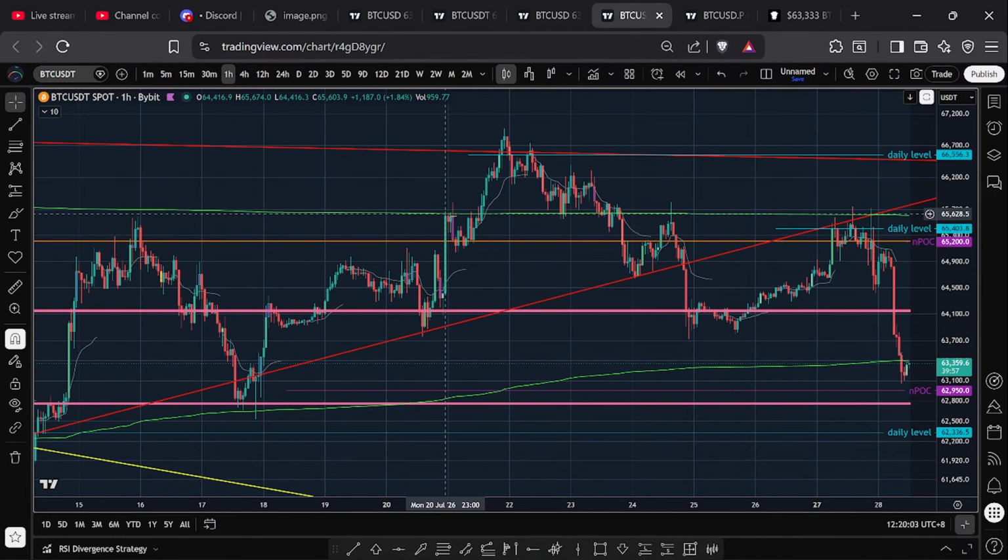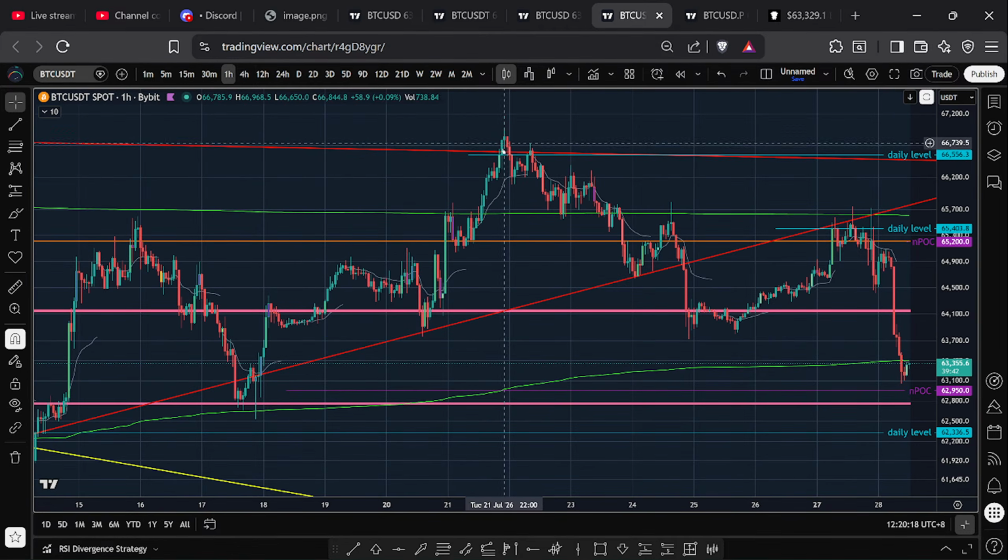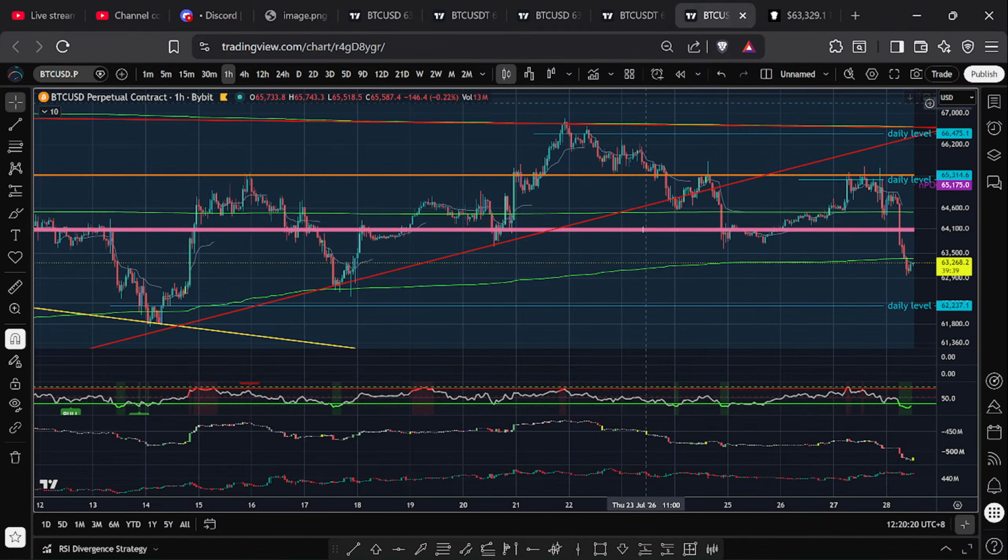Then I said this short may not hold because on this chart, the VWAP hadn't been touched and it was up here at the red trend line, which means there was a high probability to come up to here on this chart, which would have then moved this up to here on this chart. So now I'm starting to take a bit of notice of both, and even the trend line is a little bit different as well, as you can see.